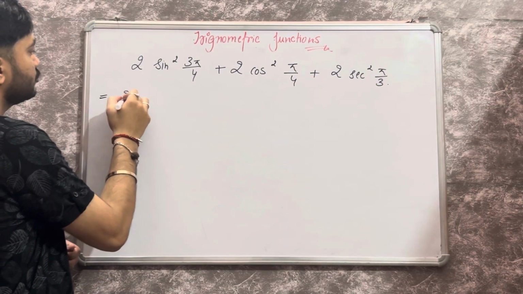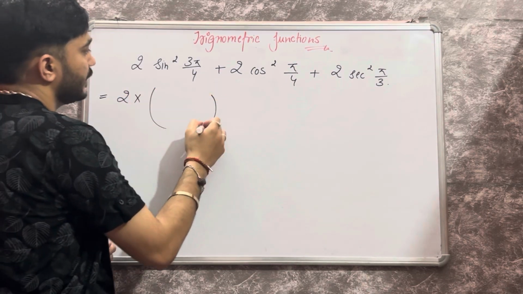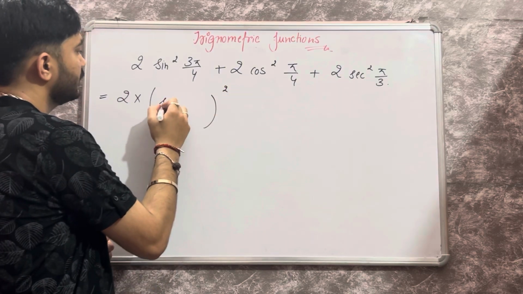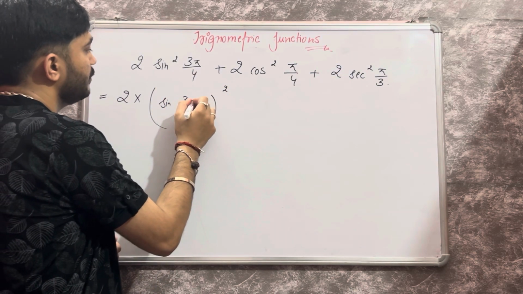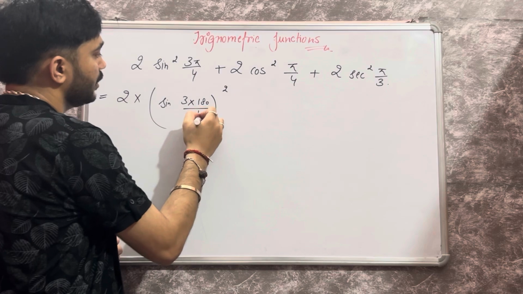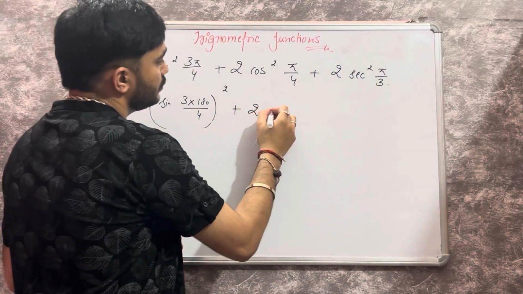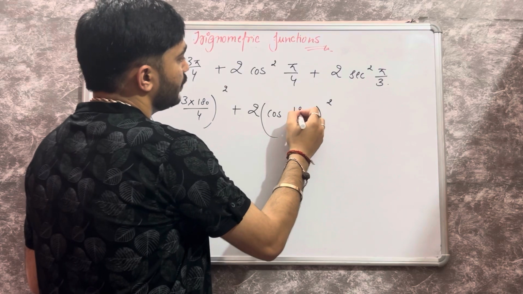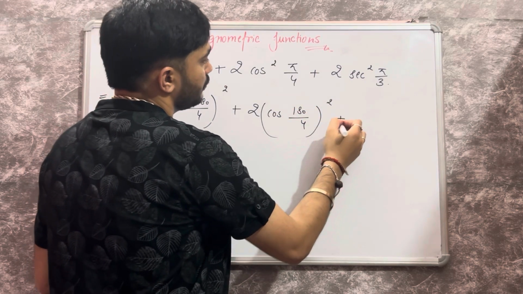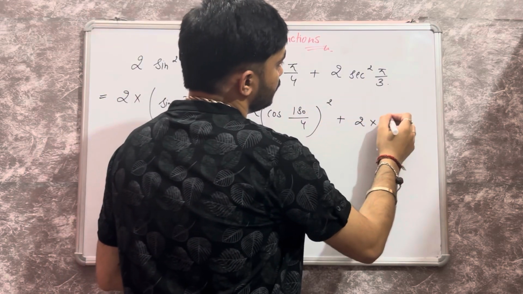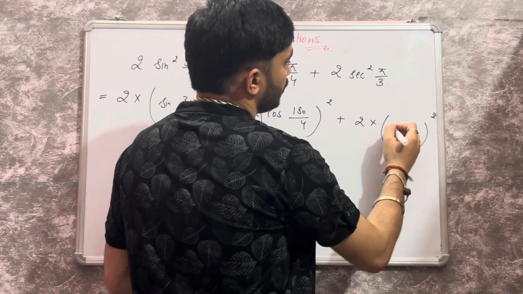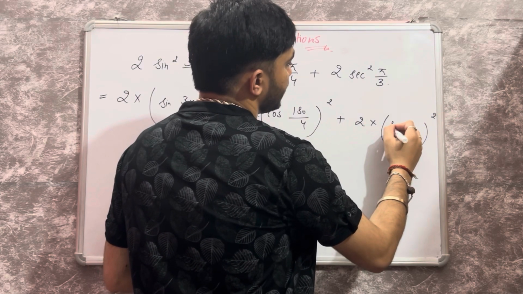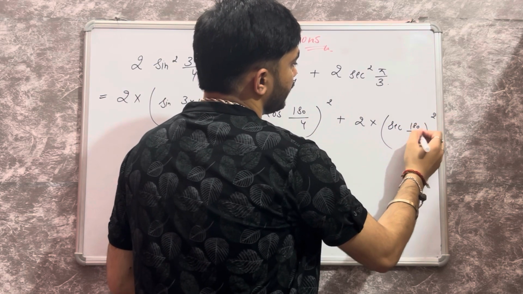So how are we going to solve it? 2, write the square outside the bracket, sin 3 multiplied by 180 divided by 4, plus 2 cos, write square outside the bracket, 180 degree divided by 4, plus 2 sec, 180 degree divided by 3.